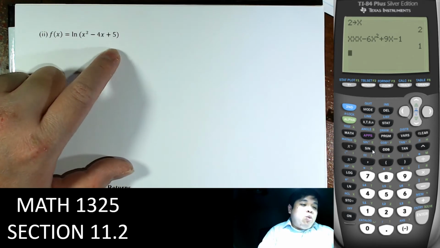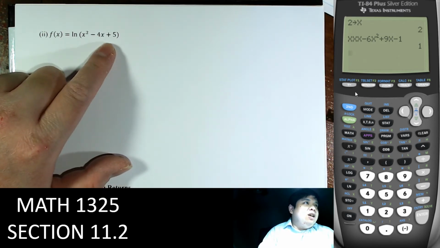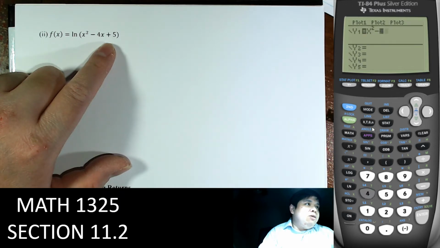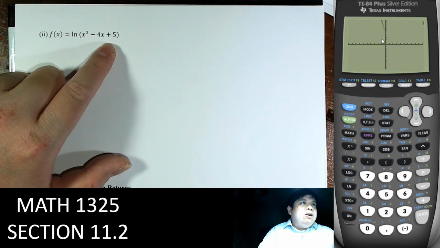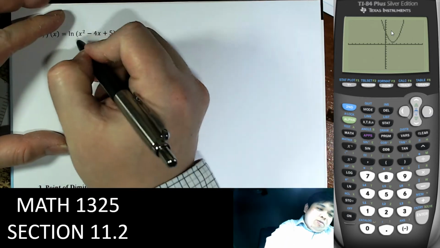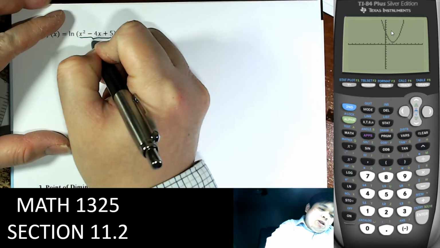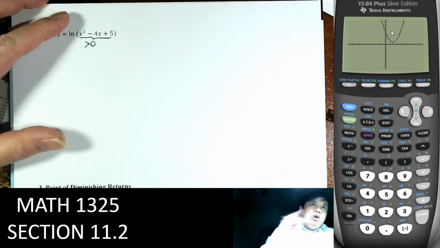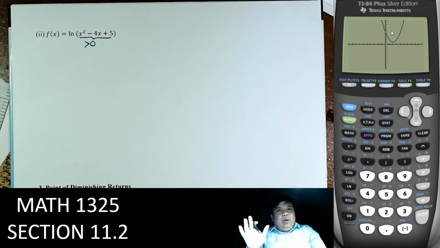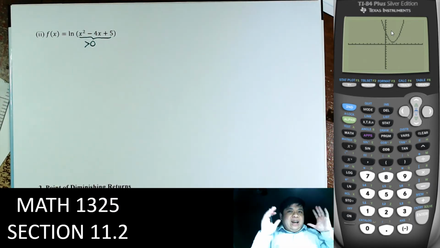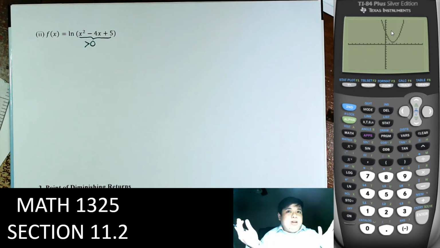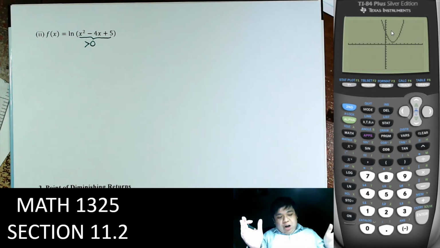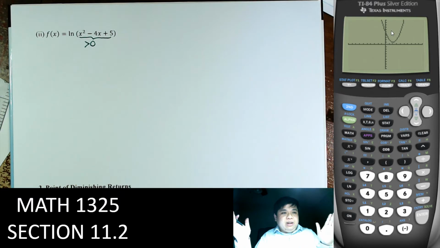By the way, the x squared minus 4x plus 5, if we graph, you see the graph is always above the x-axis, meaning this one is always positive. So the domain is all real numbers, so that's good. We don't have to worry about the domain, it is negative infinity to infinity. For this problem, the sign chart will go from negative infinity to infinity.